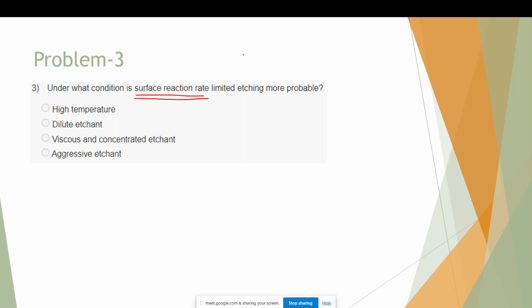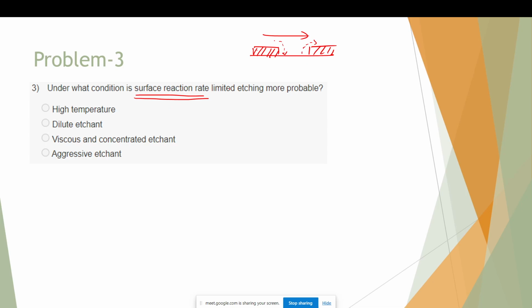Even in etching, just like in CVD, we have diffusion limited and surface reaction rate limited. When we have a film with a PR on top and etchants flowing by, the etchant has to diffuse to the surface and then react at the surface. Then the byproduct has to diffuse back.